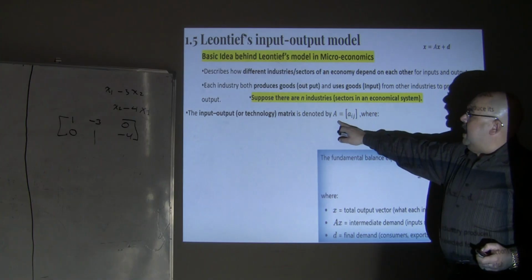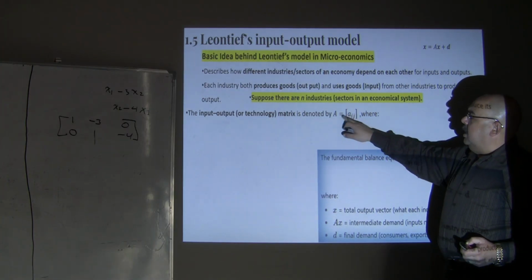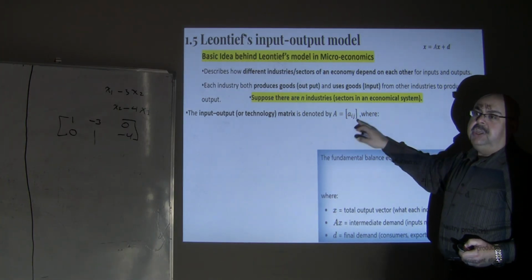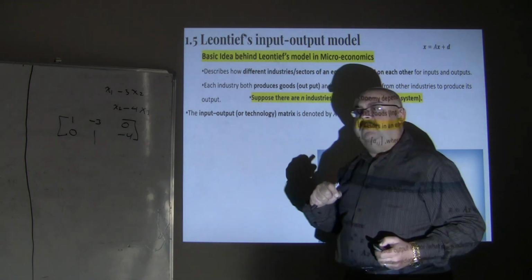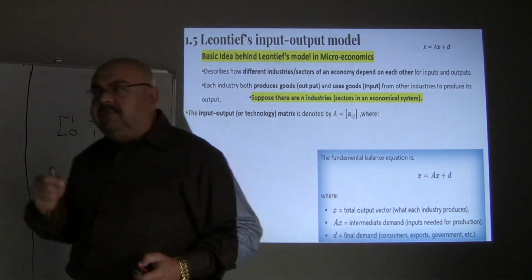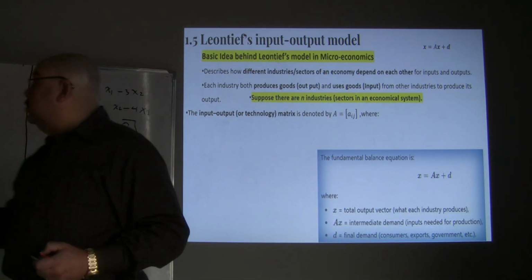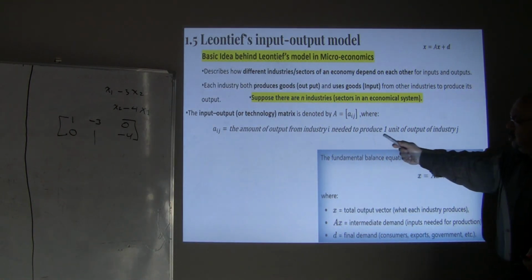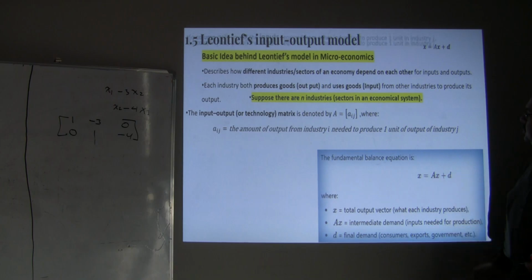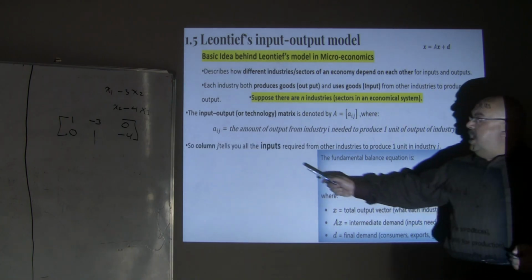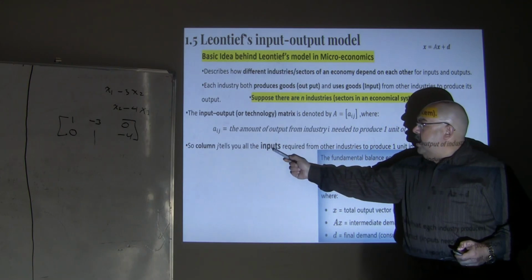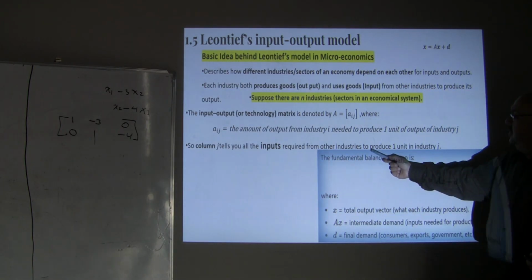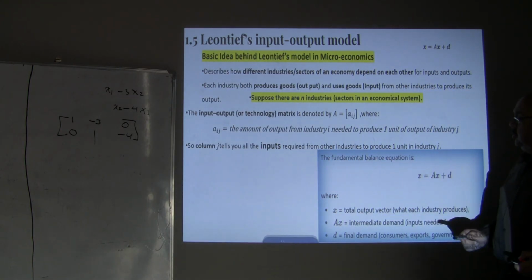Suppose that we have n industry sectors in an economic system. The input-output technology matrix is denoted by A, and each element A_ij is related to the number of sectors and goods that you are producing. A_ij is the amount of output from industry i needed to produce one unit of output in industry j. Column j tells you all the inputs required from other industries to produce 1 unit in industry number j.